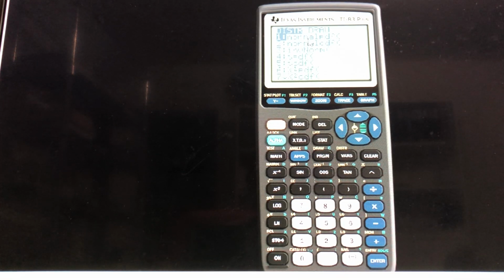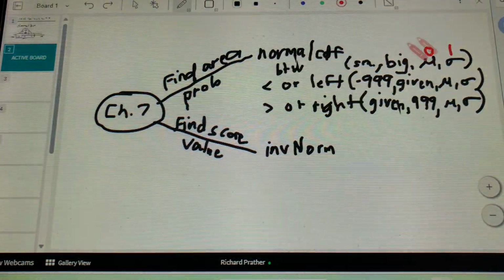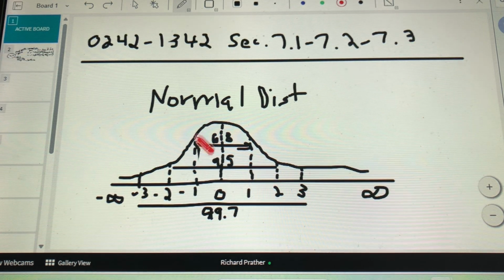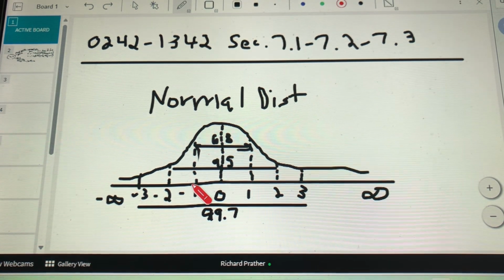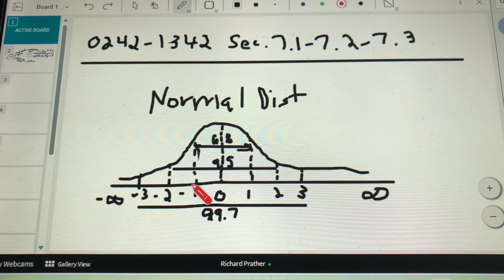This chapter doesn't have that, because PDF is when you're at exactly one spot, and normal curves are continuous. So you can't get the area or probability at one spot, because even in geometry, the area at one point is nothing. To have area, you have to move from one point to another.